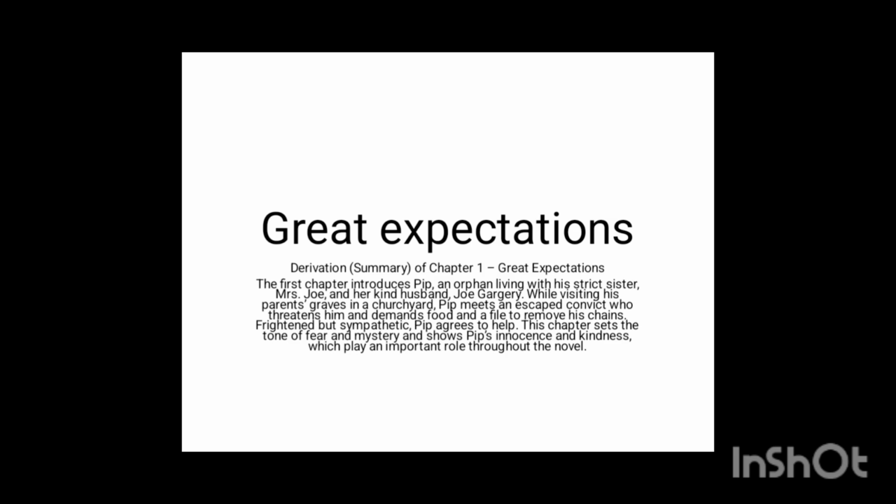The story behind this is that his parents and his five little brothers were buried, they all died, and he never saw his father either. He doesn't remember how he looks because he was very young when they died, and Pip feels very sad about it as well, because his strict sister is very bad with him, and she's very strict, not a good sister. Her name is Joe, and her husband, who's a blacksmith and a good person, is Joe Gargery.